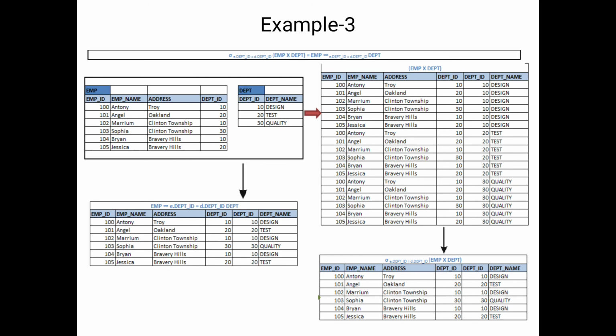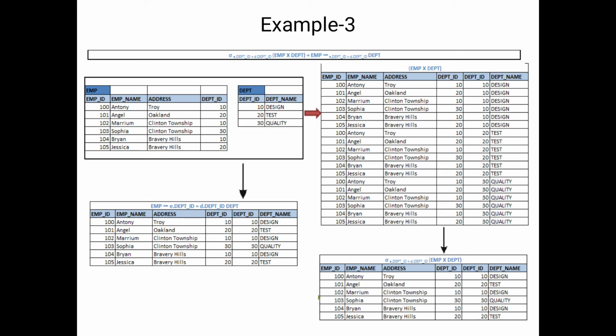Next, we consider another example. Here we apply the same idea, but we also mention the join operation. Please observe the LHS and RHS. We consider 2 tables, one is the employee table and another is the department table.